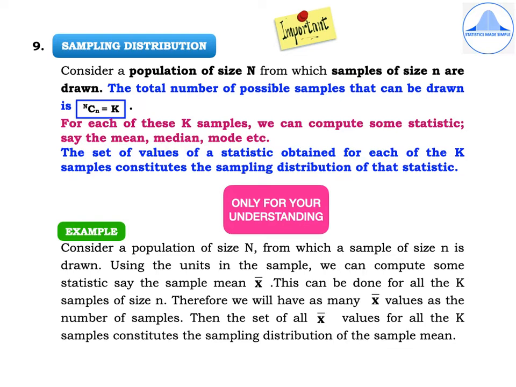Then using the units in the sample, we can compute some statistic, say the sample mean x bar. Now this can be done for all the k samples of size n. Therefore, we will have as many x bar values as the number of samples. Then the set of all x bar values for all the k samples constitutes the sampling distribution of the sample mean.